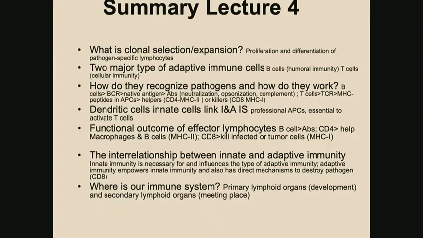Yes, exactly. So the B cells, for the most part, in the majority of the cases, need T cell help. And so the B cells also are professional antigen presenting cells. And I think that you were right. The professional antigen presenting cells are dendritic cells, B cells, and macrophages, monocytes, which are the precursors of macrophages.